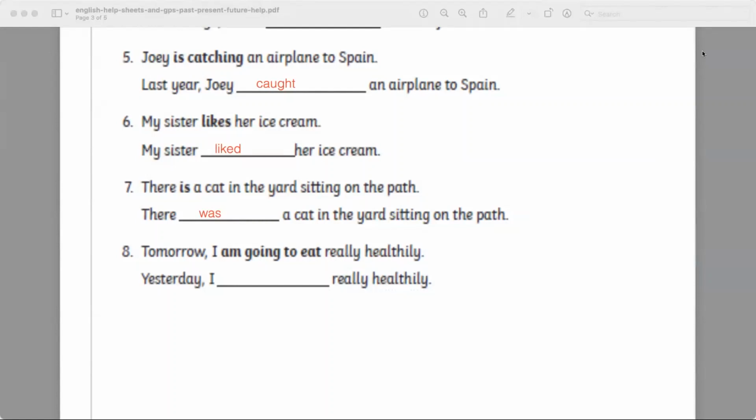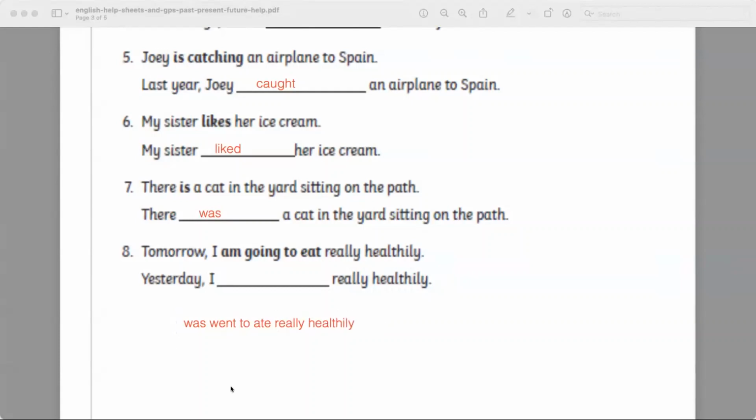Tomorrow I am going to eat really healthy. Yesterday I was went to eat really healthy. Sorry, say again. I'm just writing that down so I don't miss what you said.